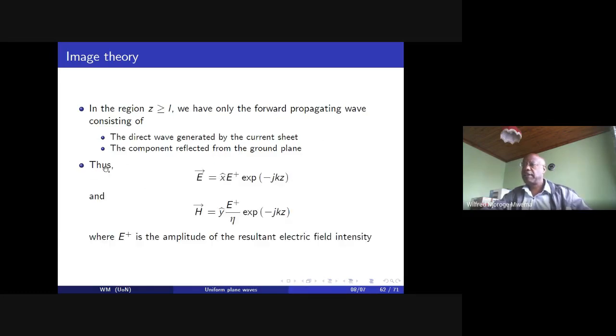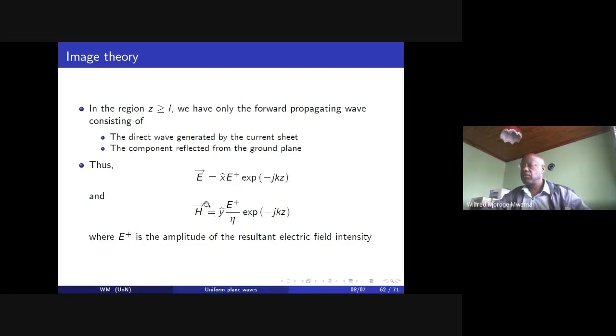And therefore, we can write that the forward moving electric field intensity is going to be given by an amplitude E plus times the exponent of minus jkz, and the magnetic field intensity is that value divided by eta times the exponent of minus jkz.